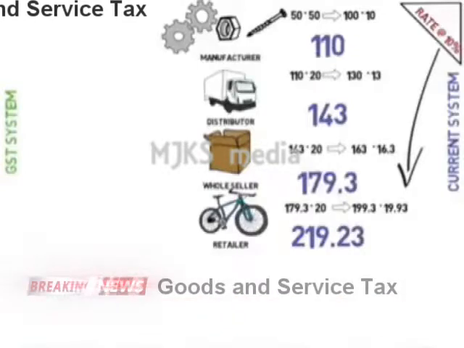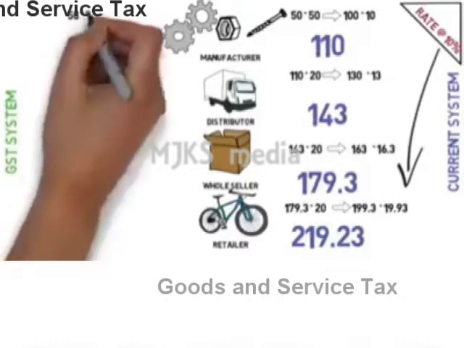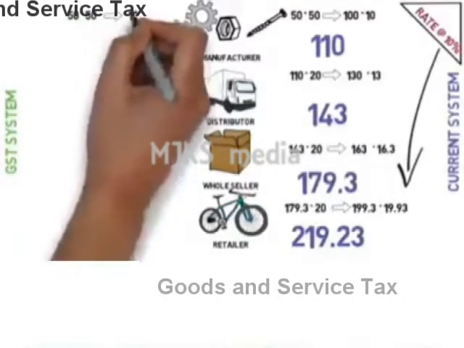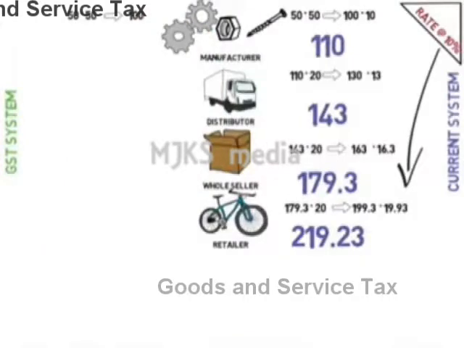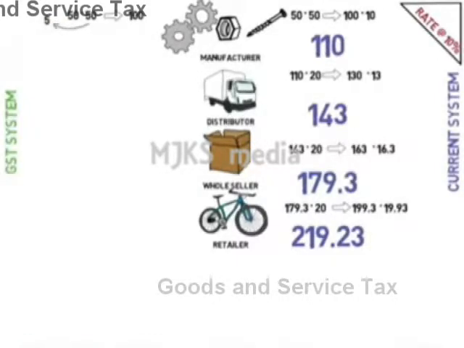Now we will take the same example in the GST system. Raw material of 50 rupees and the manufacturing value of 50 rupees make the product of 100 rupees. But this time, the manufacturer has to pay taxes on the value added by him, which is 50 rupees. So he pays 10% of 50, which is 5, as tax from his profit.